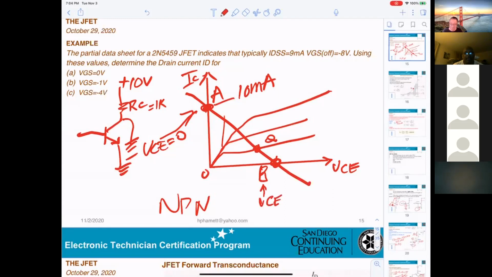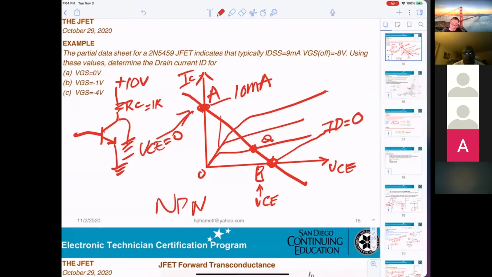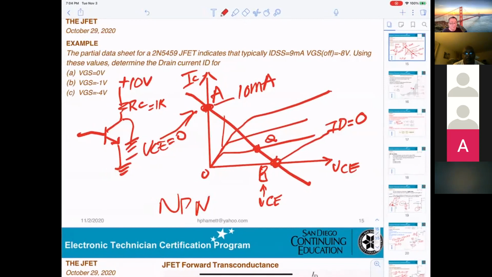It's got to be more than 0. Okay, at this point here, what is ID? 0. Any point on the VCE axis, ID must be 0. So now you say ID equals 0.